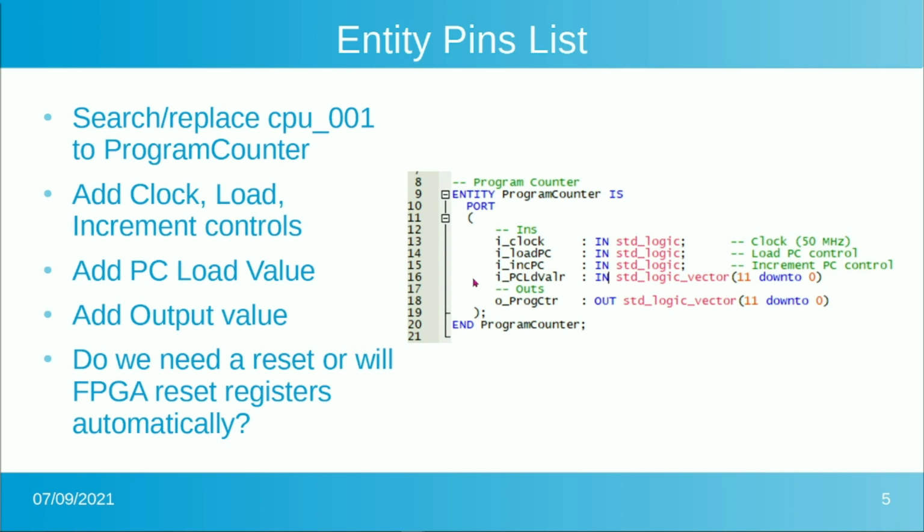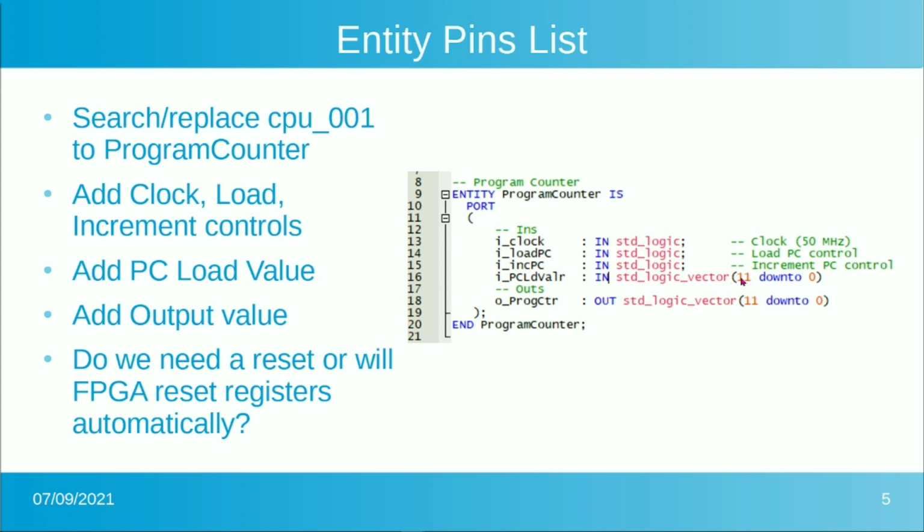They're single bits. But when it comes down to the load value, if we want to do a load, we have to have those 12 bits available. So we'll call that program counter load value, IPCLDVALR, and it's an in as well. But because it's more than one bit, it's a standard logic vector, and the size has to be indicated, and that's 11 down to 0.